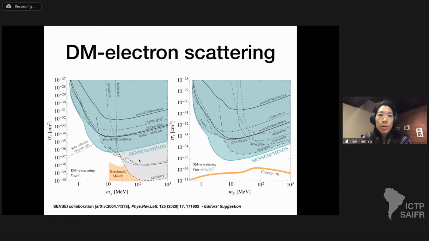So when Ruben, Tomer, and Jeremy first started thinking about dark matter electron scattering, this parameter space was empty. And now we're slowly starting to carve out into here. So this is the current state as of April of this year, 2020.